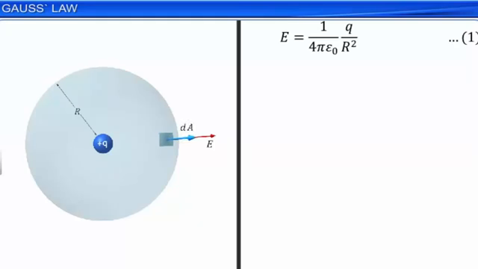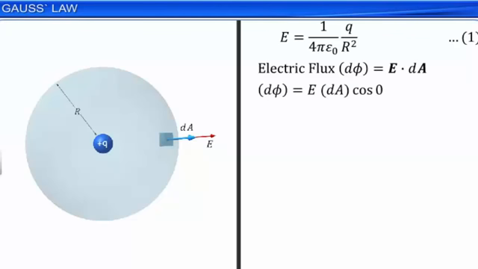Since E is parallel to vector dA, the electric flux d phi passing through this local element is equal to E dot dA is equal to E dA cos 0, and as cos 0 is equal to 1, d phi is equal to E dA. Let this be equation 2.